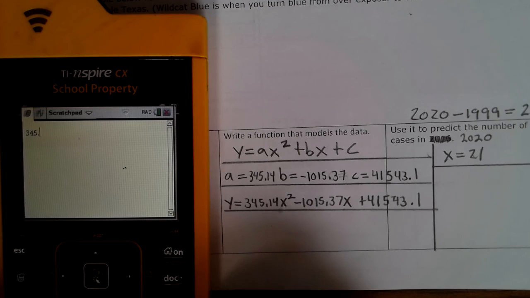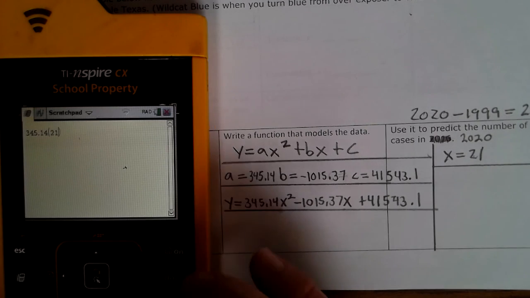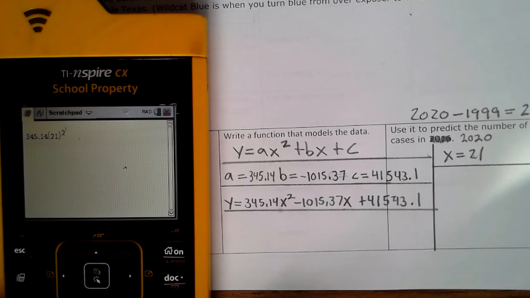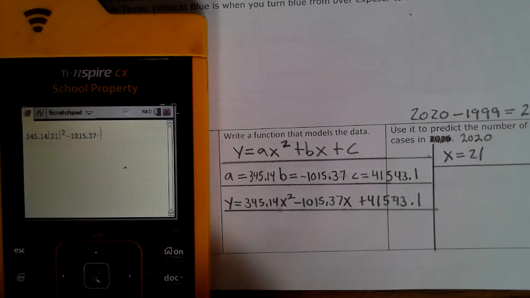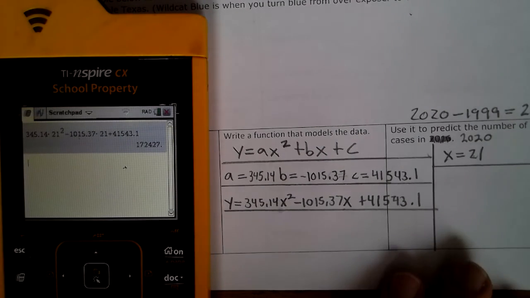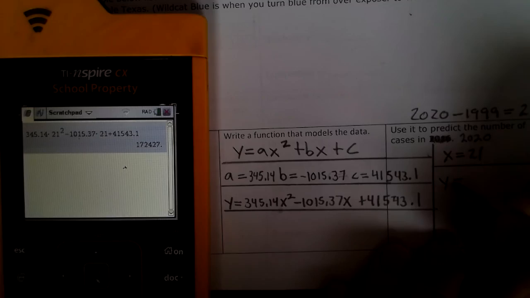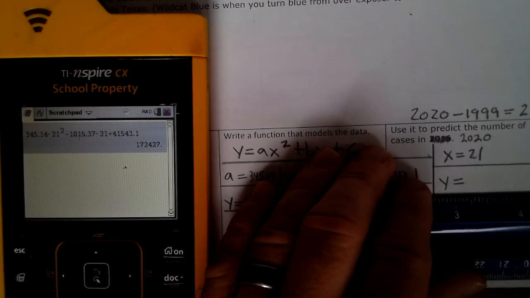And we see that y equals, wow, that's a lot of blue cases. That's going to be 172,427. So I think all of Temple and even parts of Belton will have the blue, Wildcat blue.